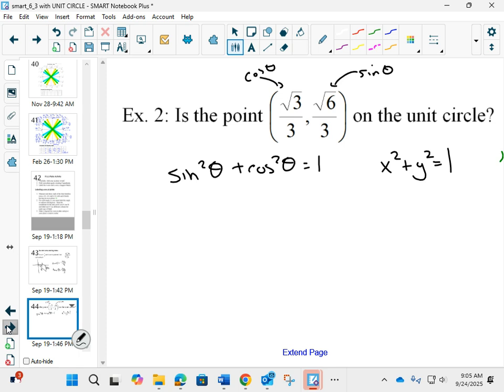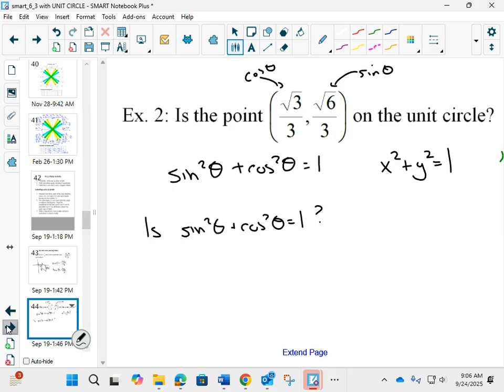If these things are true, then this point is on the unit circle. If they're not true, then it's not. So basically we're asking, and these are the same thing, is sine squared plus cos squared equal to 1?